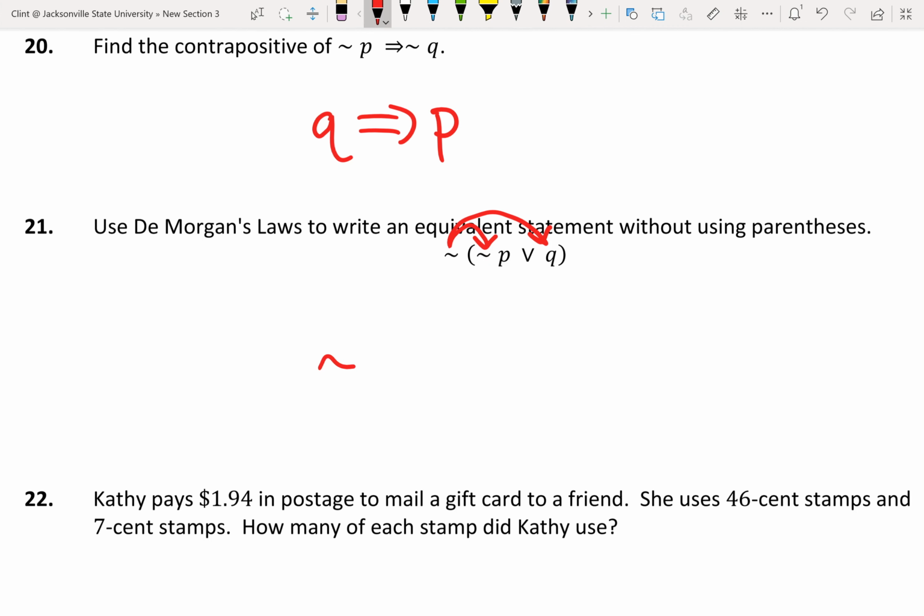Okay, so we'll end up with squiggle, squiggle, P, and squiggle Q. But since we've got two squiggles on the left, they cancel out, and we can just leave it P and squiggle Q. Okay, P and the negation of Q. All right. Just remember to flip that sign in the middle.